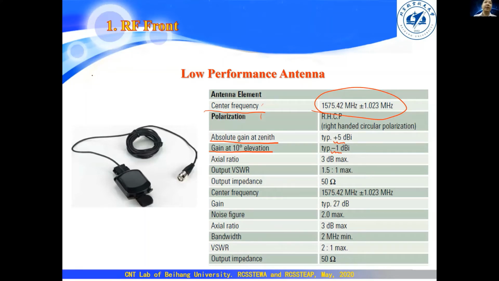That means a satellite above your head will have 5 dB more gain compared to a satellite near the horizon, which has -1 dB gain. So what I want to tell you is that a satellite above your head will commonly have better accuracy and better performance.